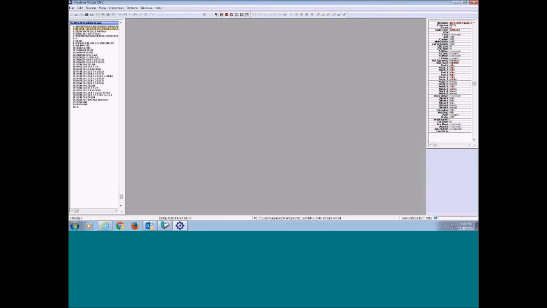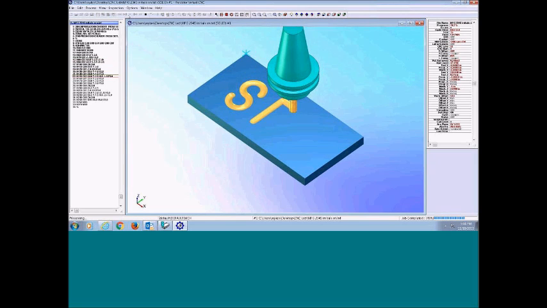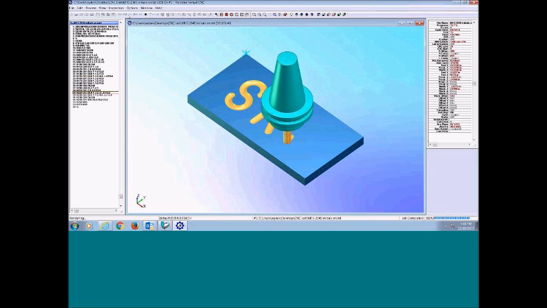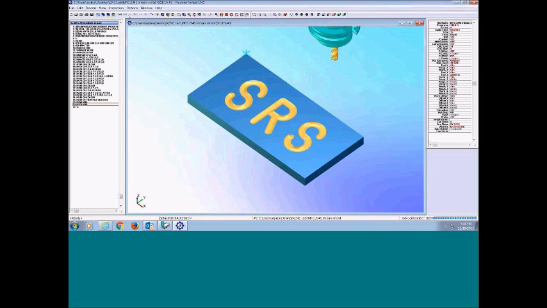Okay, I'm not going to change anything. I'm going to go ahead and run it so you can see it. Okay, this is one of the requirements they have to do. This is a 4x8 piece of plastic.